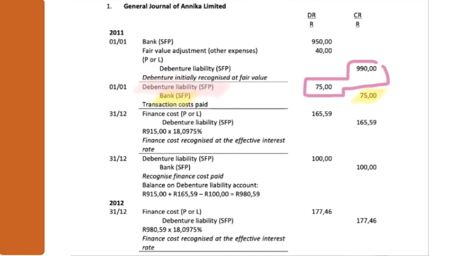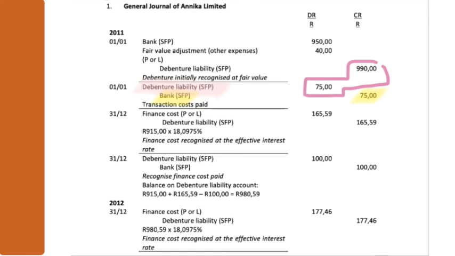Please don't memorize that for a liability, transaction costs reduce the balance. For an asset, which is a debit entry, if you then debit it some more with transaction cost, it will increase the balance. It's not necessary to learn that off by heart. Just look at your entry for transaction cost. You always pay transaction cost, whether you have a financial asset or a financial liability.